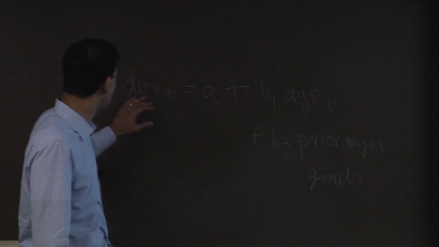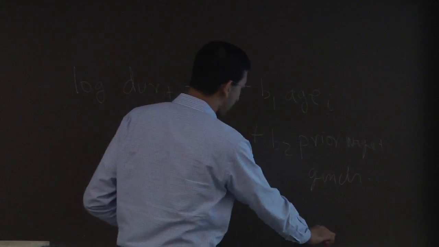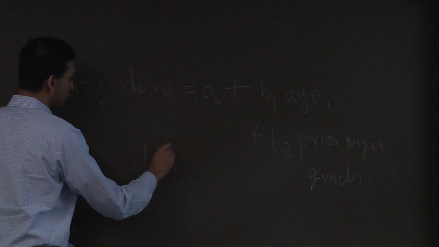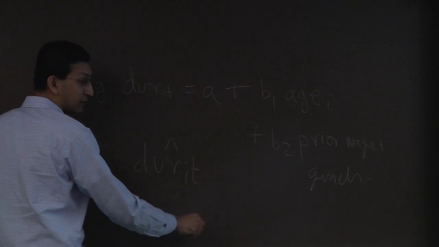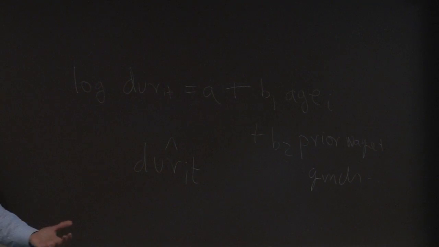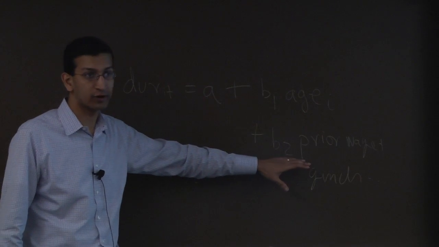So then you form a prediction, a predicted duration for each guy, or in this case, a hazard ratio. Same basic concept. So you've got a duration hat of IT for each person. It's like, what is the duration I would predict given the covariates that I see? Or what's the hazard that I would predict given this person's covariates?